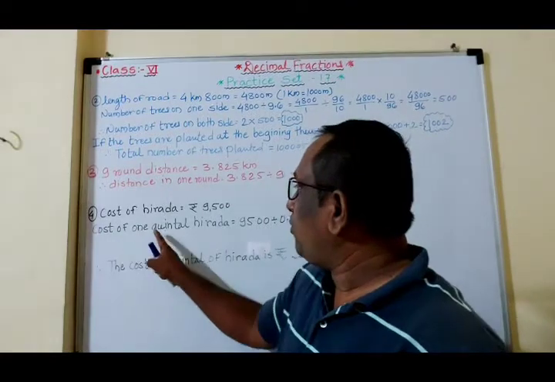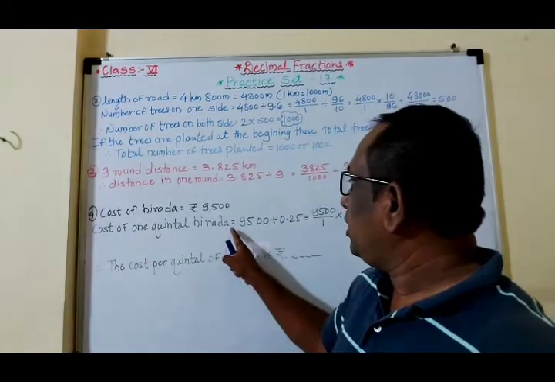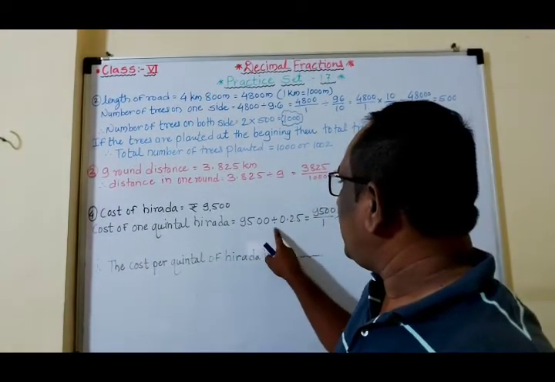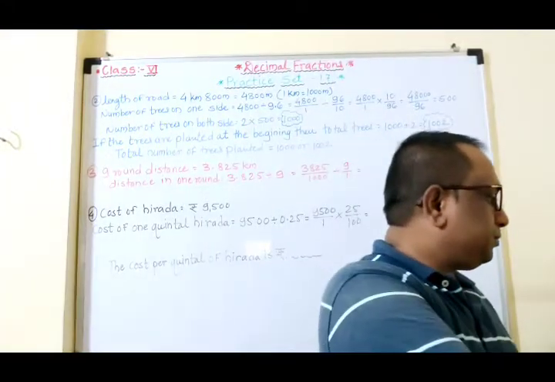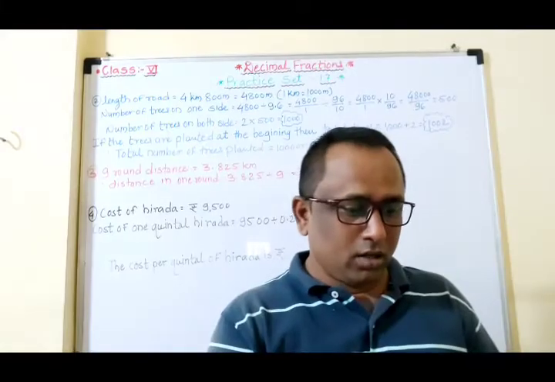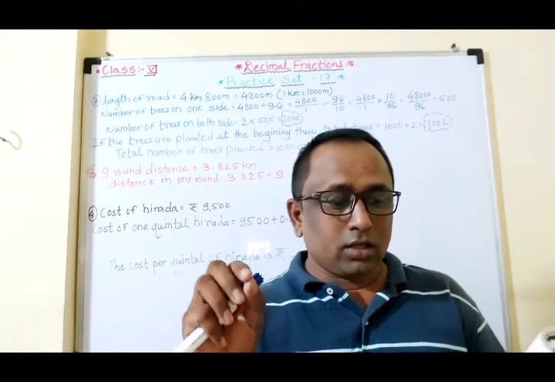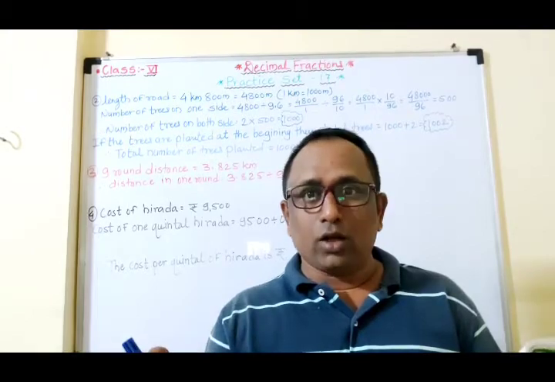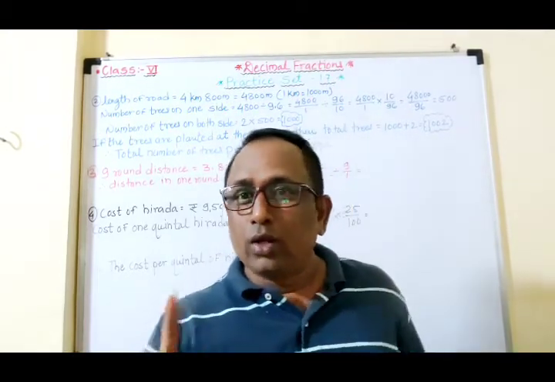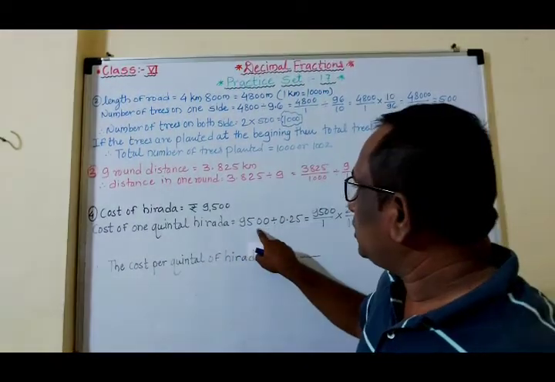Now the cost of 1 quintal Hirida we have to find. So 9,500 divided by 0.25. Here the quantity is given, 0.25 quintal of Hirida the manufacturer bought. So we have to divide this amount by that quantity.